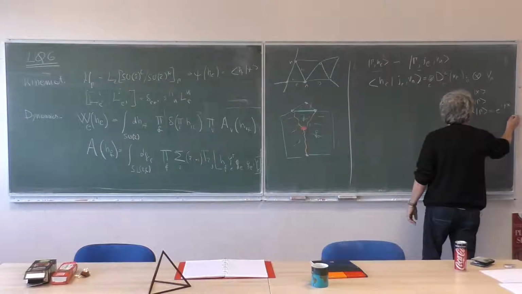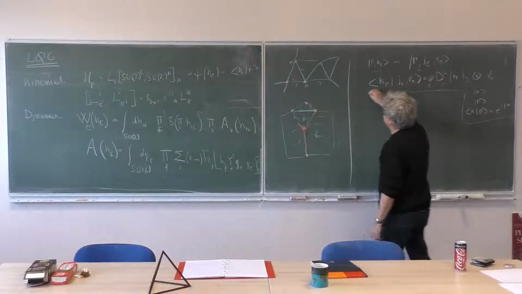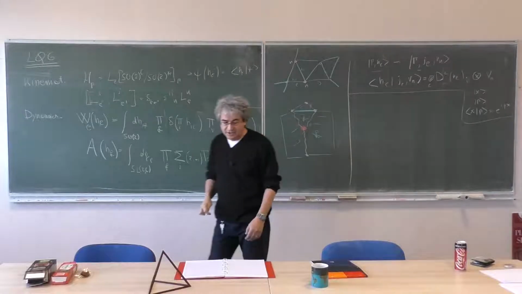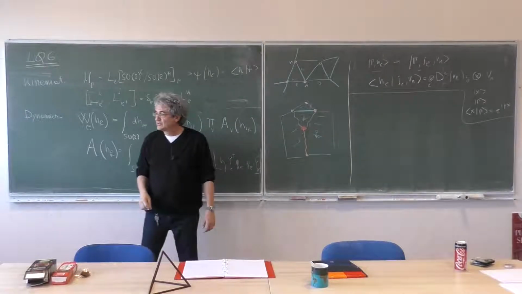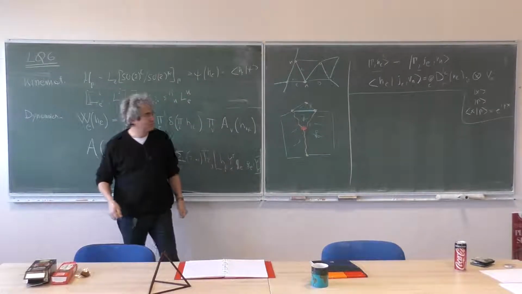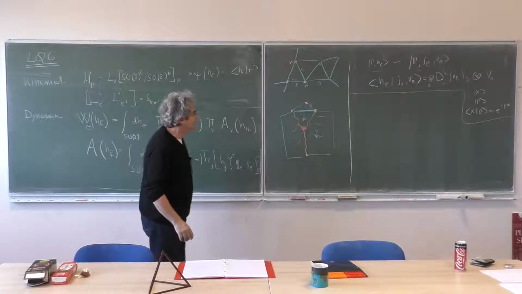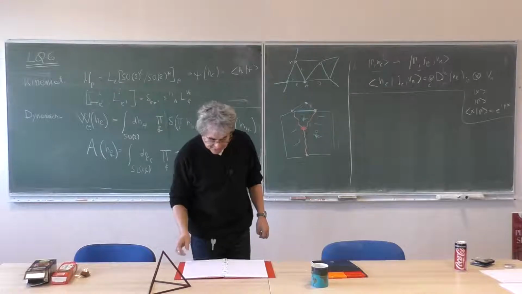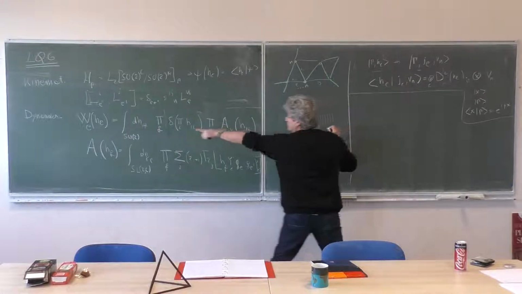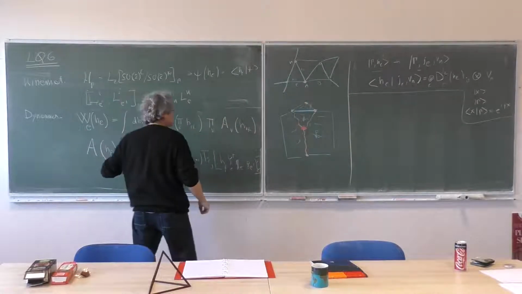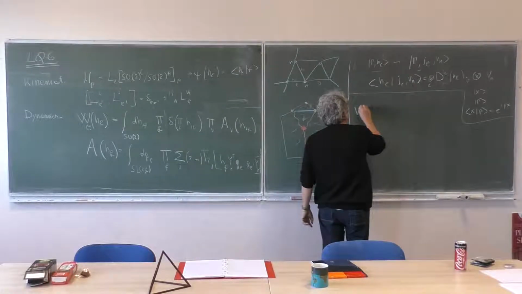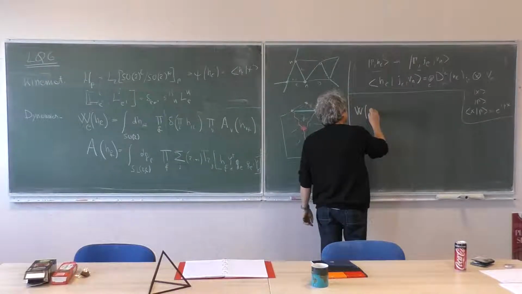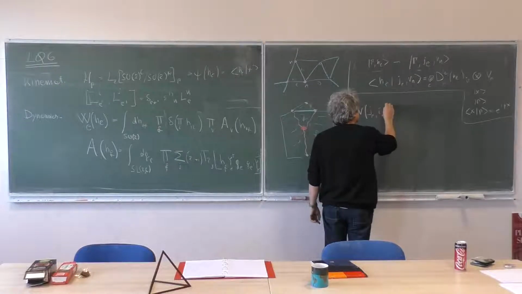If you want to see how this works, try to do it. It's in the book, so you can try it, and if you fail, you see how it works in the book. There's a little rearranging of terms, but essentially what happens is very easy. At the end, you get an amplitude, this amplitude here, W, which is a function of the spins and the intertwiners, right?